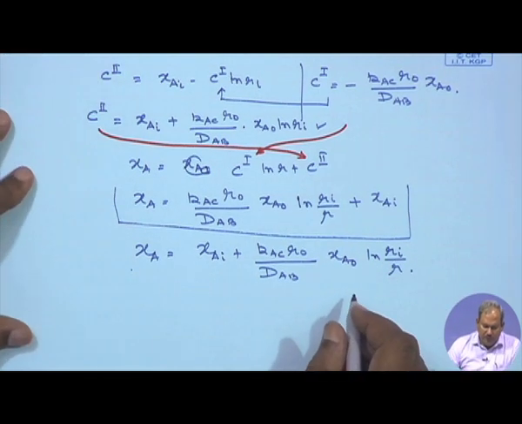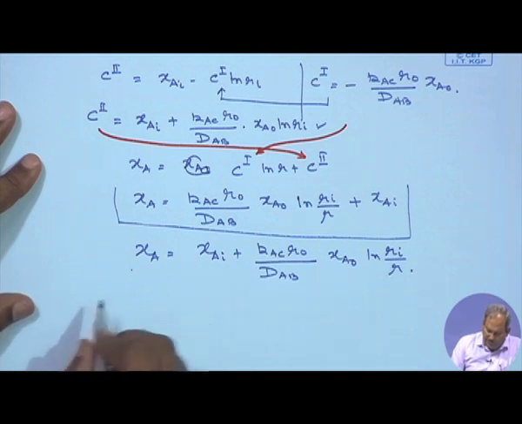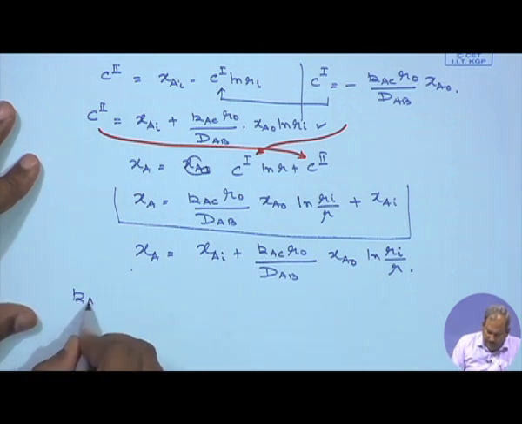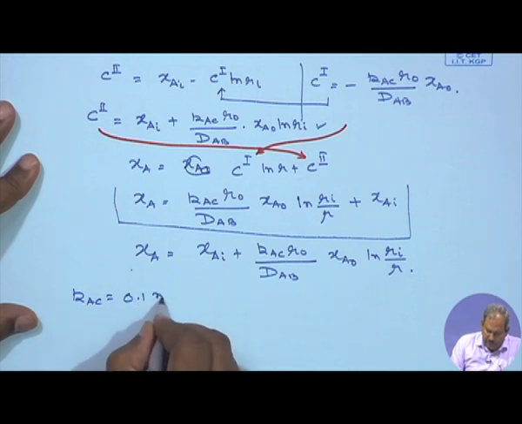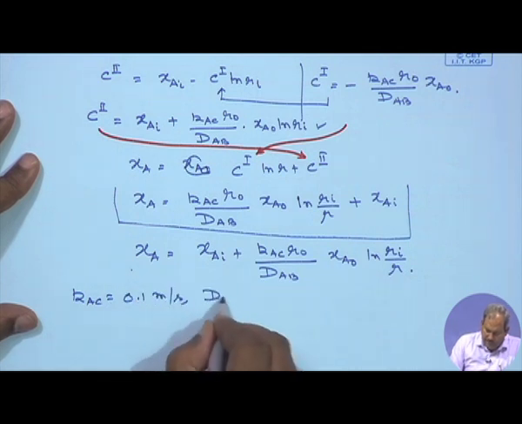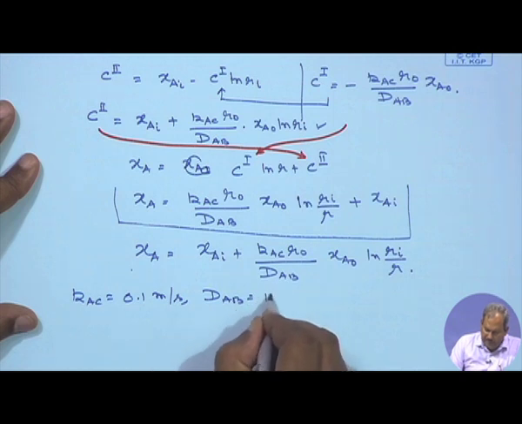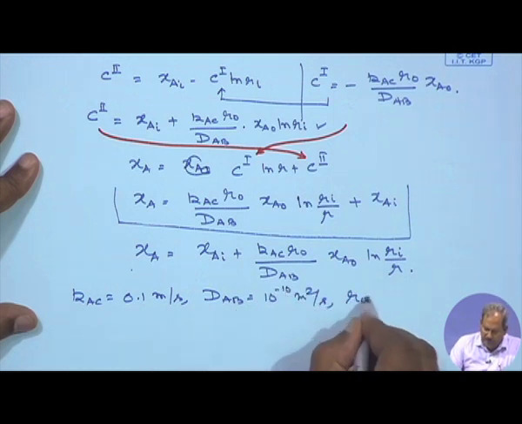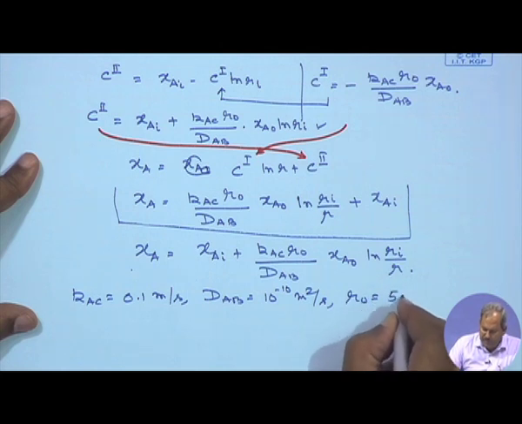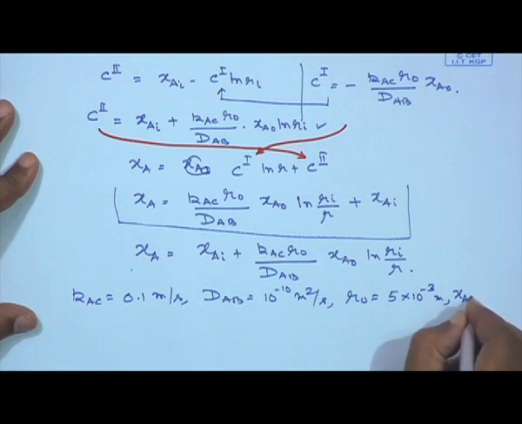So, what I need to do next is plug in the values that are provided in the problem: XAI as 0.1, dAb is provided as 10 to the power minus 10 meter square per second, R naught is 5 into 10 to the power minus 3 meters, XA0 is equal to 0.9.